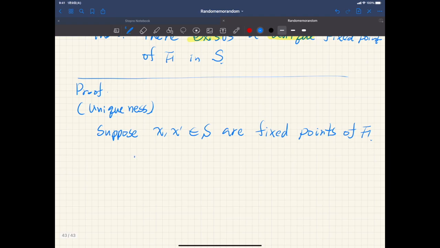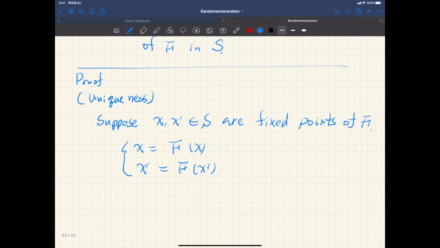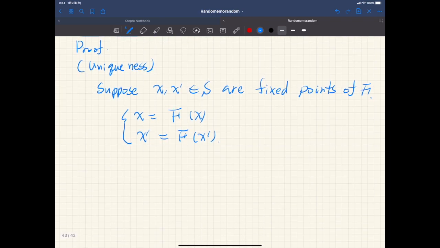Then we have x equal to f of x and x prime equal to f of x prime, because they are fixed points. Therefore, we have the norm of x minus x prime is equal to the norm of f of x minus f of x prime.